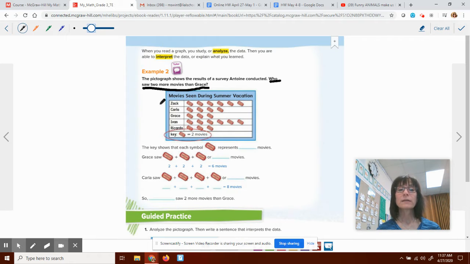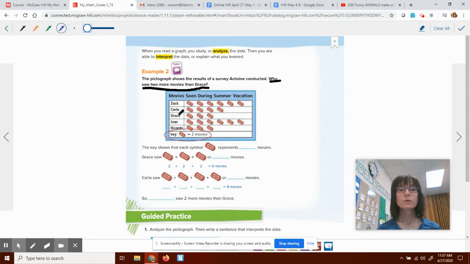And I'm going to look down and analyze my data. So I first have to do an interpretation. It says on my key that each one of those movie tickets represents 2 movies. So I know here that Zach, 2, 4, 6, 8, 10, 12, has seen 12 movies. Well, the question is, who saw 2 more than Grace?